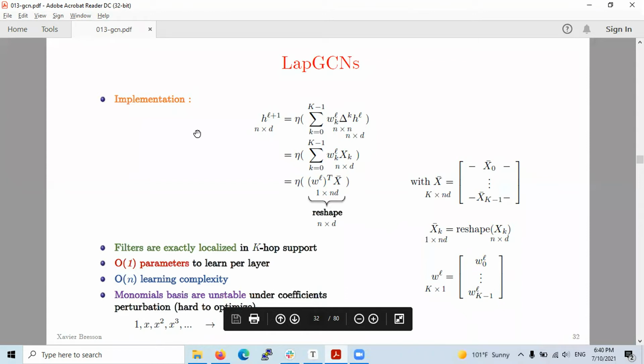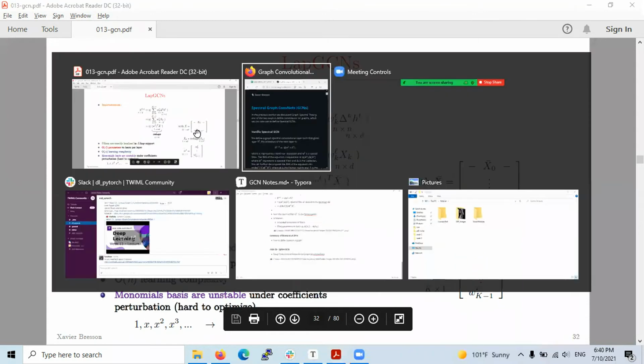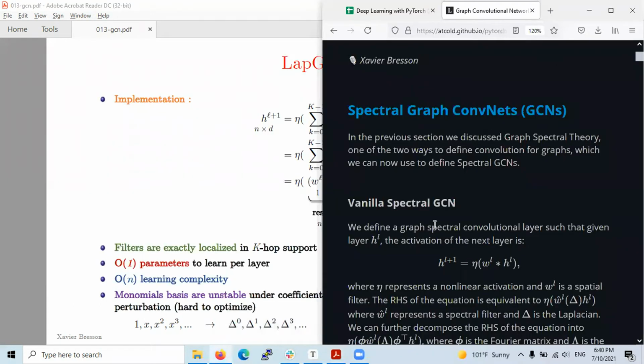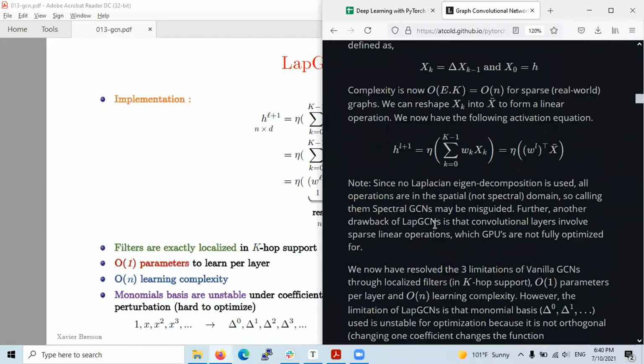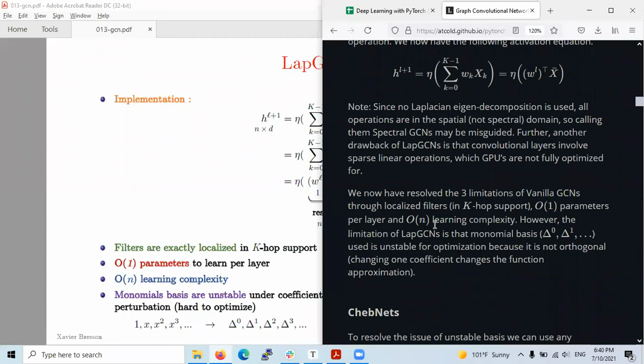I think I may be a bit wrong here, but the perturbations happen simply due to a change in the basis.